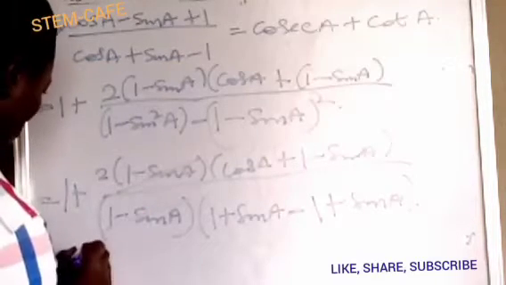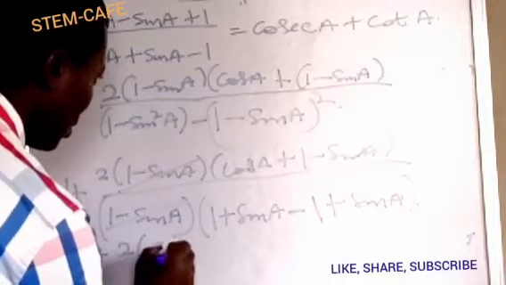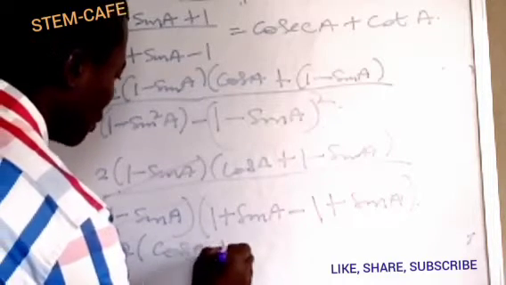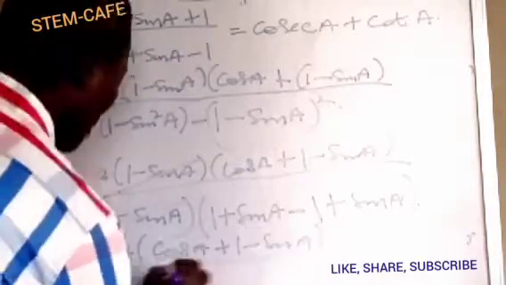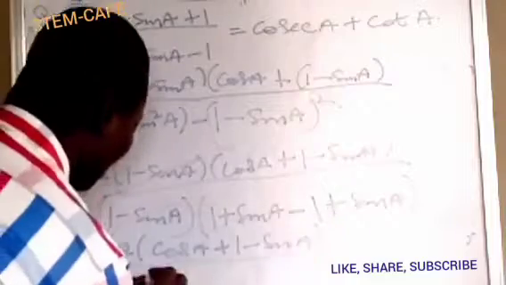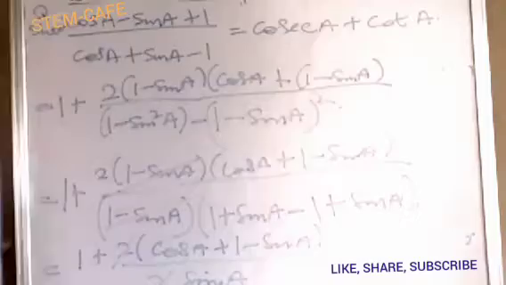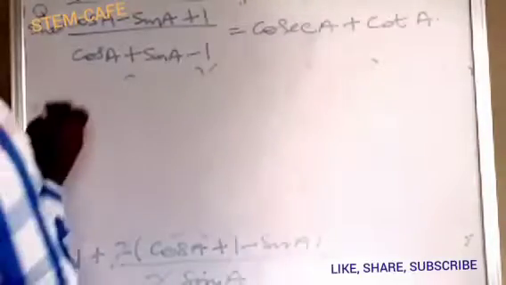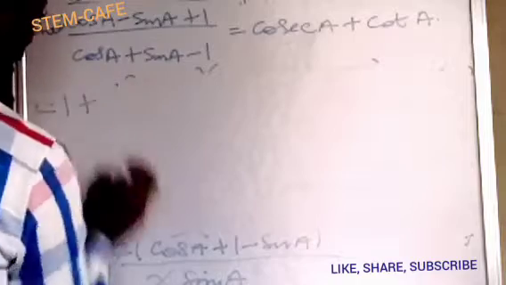So I have 1 plus 2 into (cos A plus 1 minus sin A) over, this one will cancel this, so I have 2 sin A. At the end of the day, my equation will become 1 plus, okay, let me divide straight.